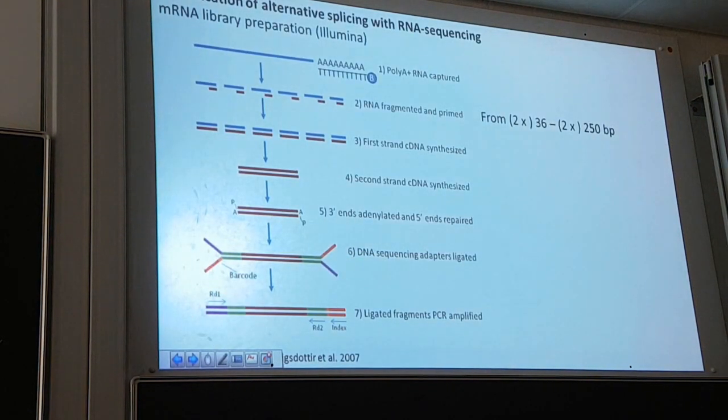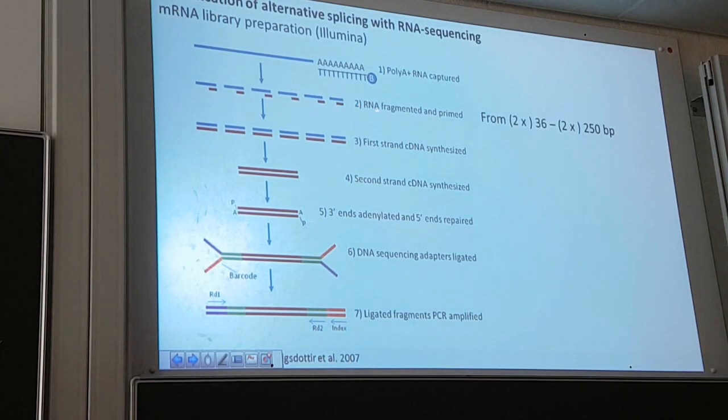So this is typical RNA library prep for Illumina. You probably saw this before, but this is where poly-A RNA is captured, so it's already after the splicing, and then RNA is fragmented into small pieces.